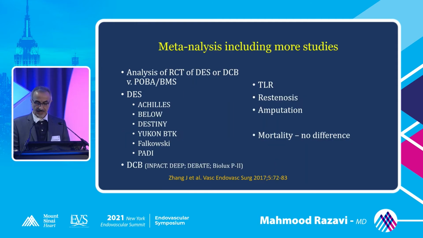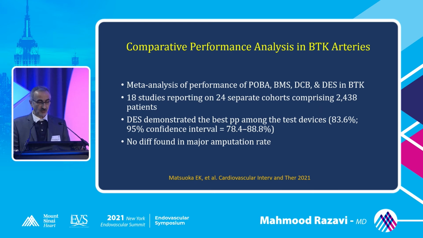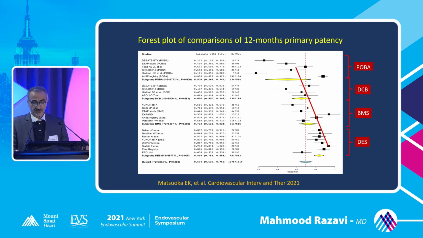A more recent meta-analysis shows the same type of results, although DCBs were included in this analysis, and all favoring drug-eluting stents. Now, a comparative performance analysis in BTK looking at POBA, bare metal stents, DCB, and DES showed again, in favor of drug-eluting stents, a trend that becomes statistically significant for drug-eluting stents.